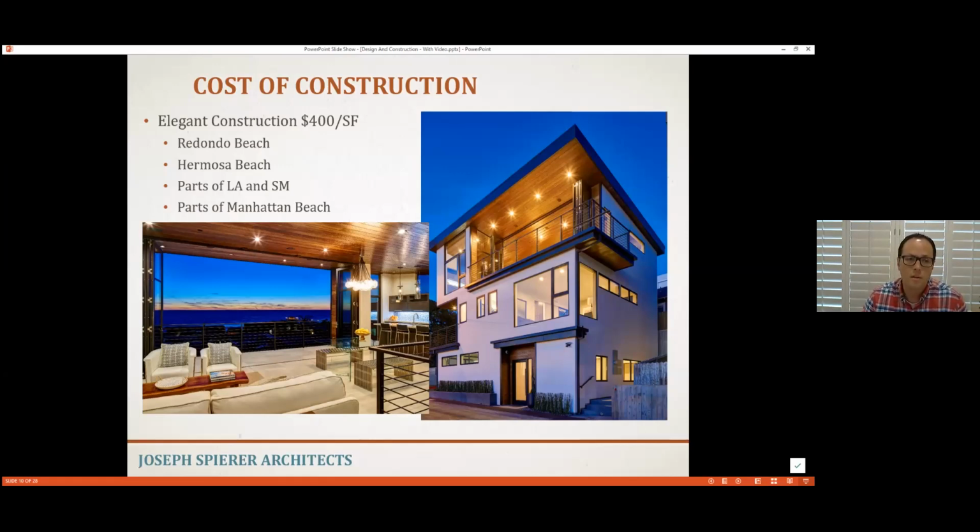Yes, you can spend $350 a foot, but $400 a foot is probably a better entry level amount to expect. Now you still get very simple finishes. You can see this kitchen is small and simple, and you do have some potential for accents, like maybe a folding door that opens entirely and creates this great indoor-outdoor feel. But it's still relatively simple architecture for $400 a foot.